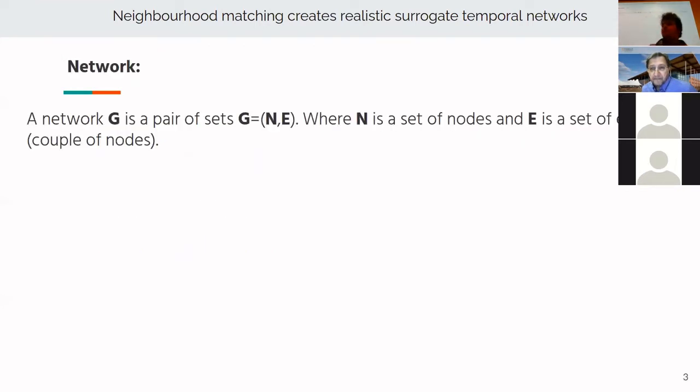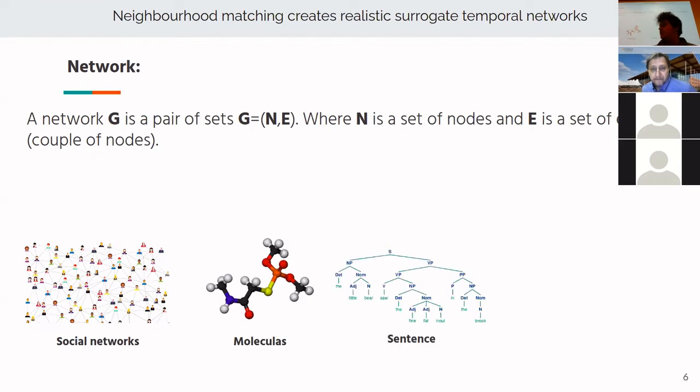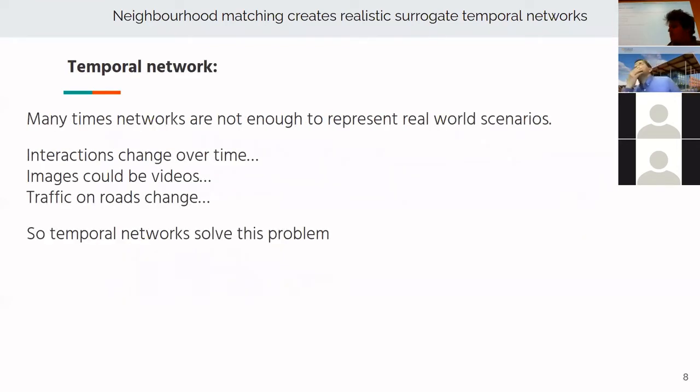I think it's super clear for us what a network is, but basically it's a pair of sets of nodes and edges. And we also know really well that we can model social networks, molecules, sentences, and even images. However, many times in the real world, those structures are not enough to represent real world scenarios, like when the interactions change over time.